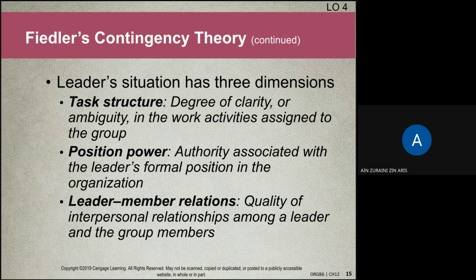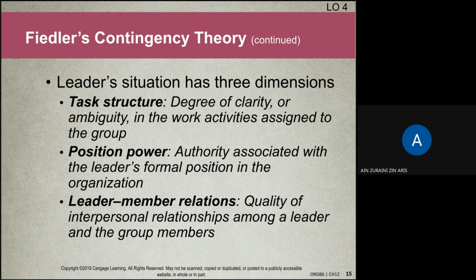Okay, the first one that I explained previously, task structure. So this first dimension refers to the degree of clarity or ambiguity in the task that the group needs to complete. Okay, so ask yourself, is the task straightforward and routine, or is it vague and creative? So when the task is structured, it means there are clear goals and procedures.